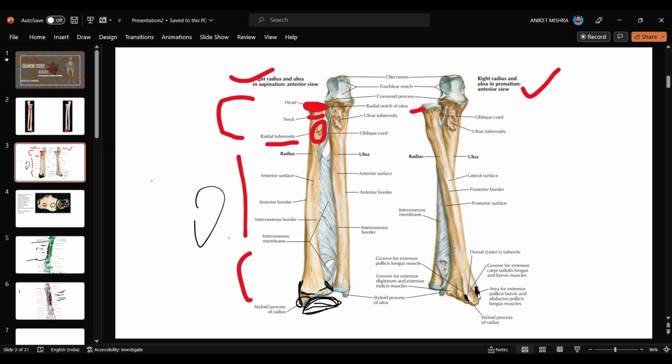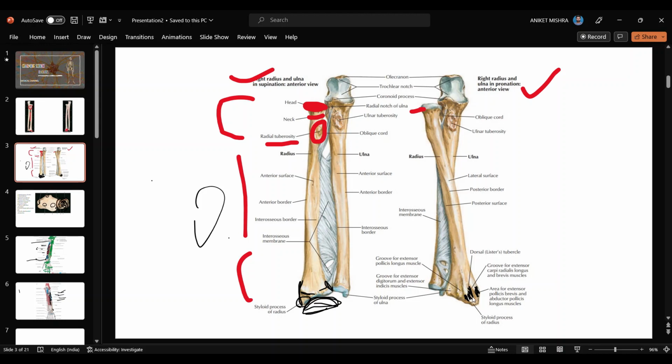The second groove gives the way to the extensor carpi radialis longus and extensor carpi radialis brevis tendons, which travel through this route.